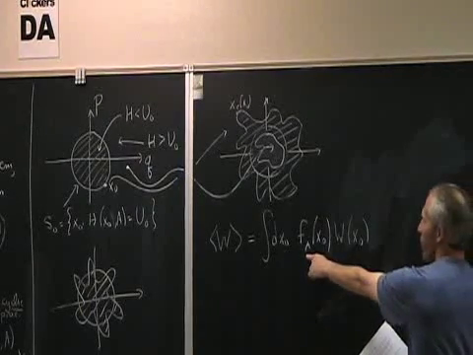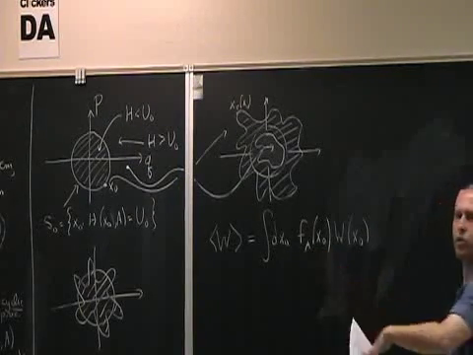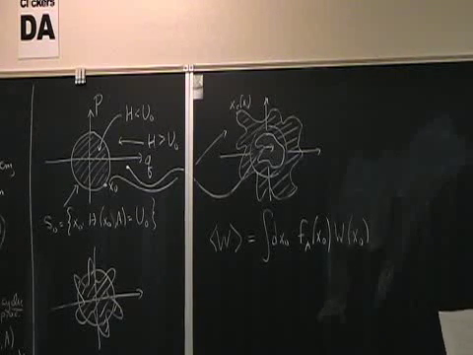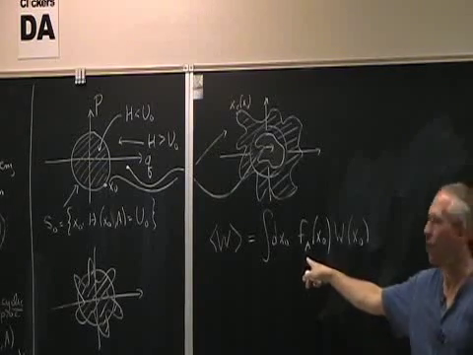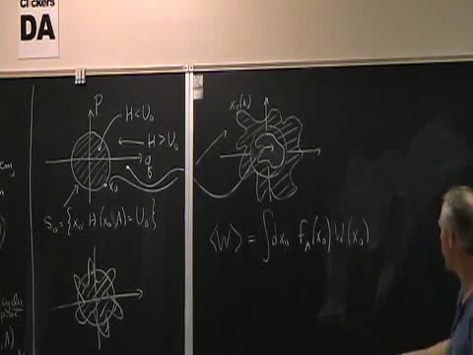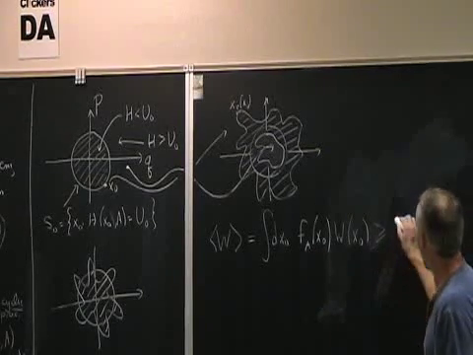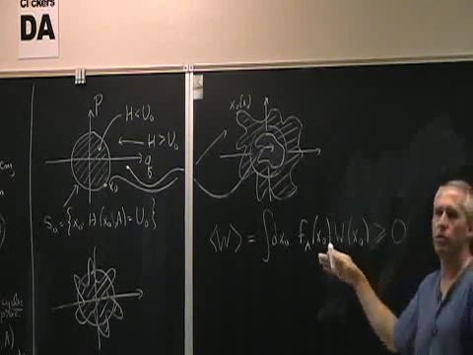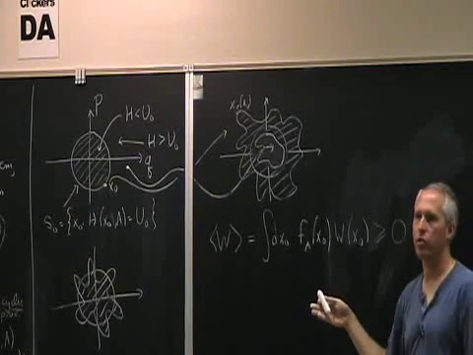And f sub A is meant to represent some probability distribution in phase space that's supposed to characterize a system at equilibrium in state A. I haven't specified what it is, but it's some probability distribution that corresponds to state A. Now the question is, can we show that this inequality is rigorously satisfied for some reasonable choices of this initial probability distribution?